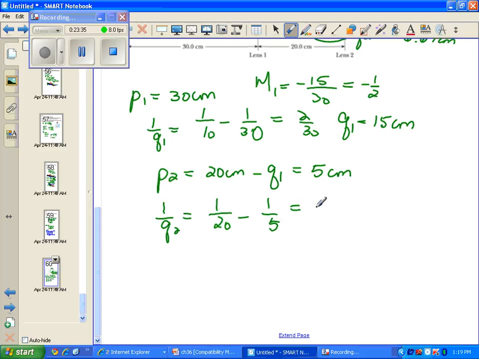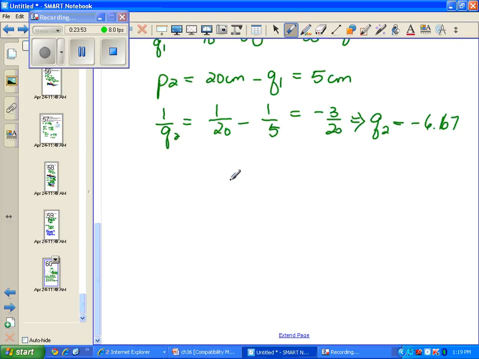And that gives us negative 3 over 20, which means Q2 then, once we take the reciprocal, is minus 6.67. So it is virtual, it's on the same side as the object, but the object is the image that lens 1 formed.